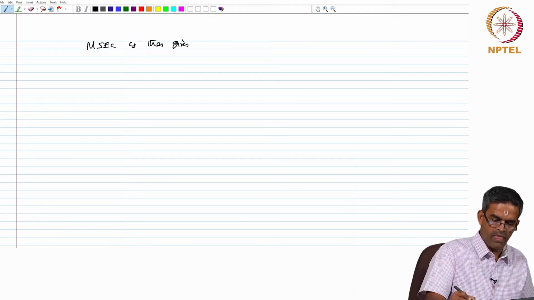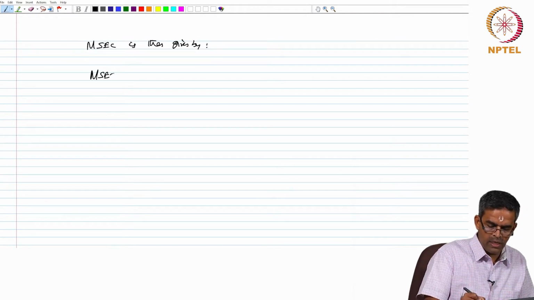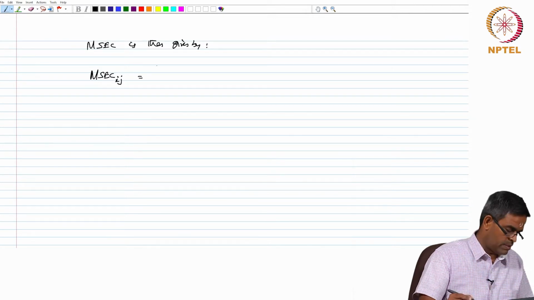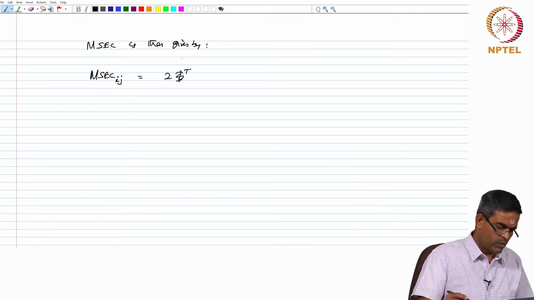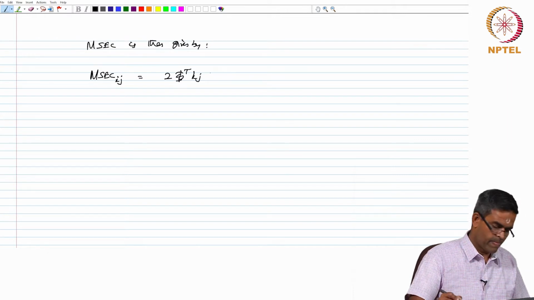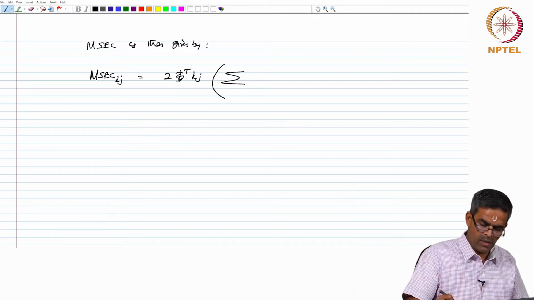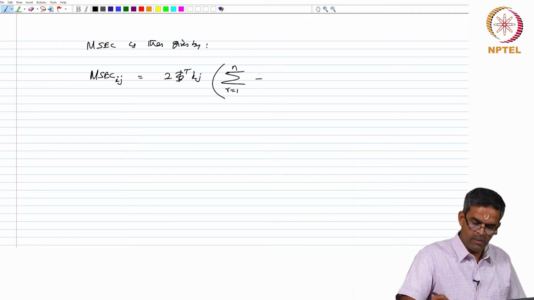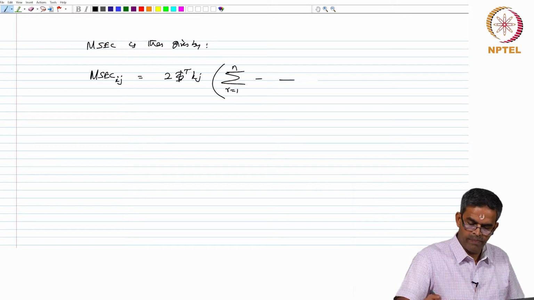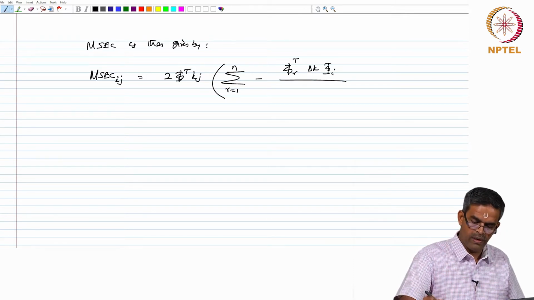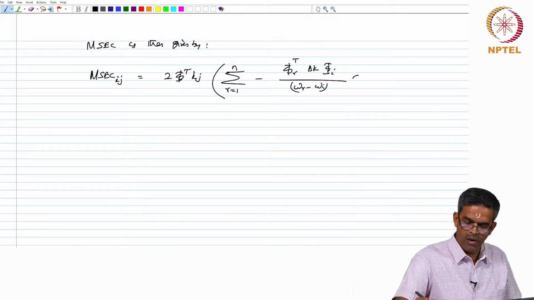Modal strain energy change is then given by 2 phi I transpose Kj, summation r equals 1 to n, phi r transpose delta K phi I by omega r minus omega I of phi r.